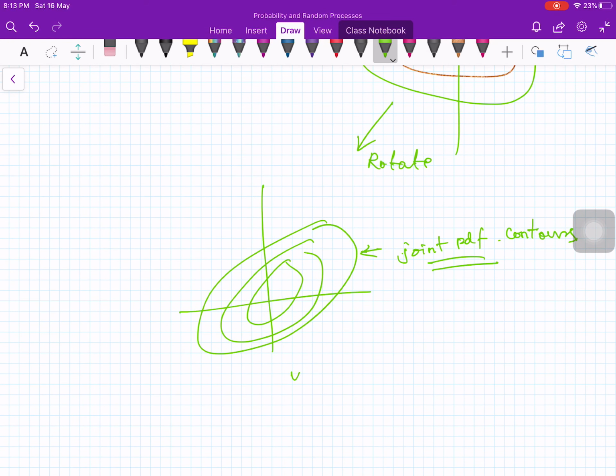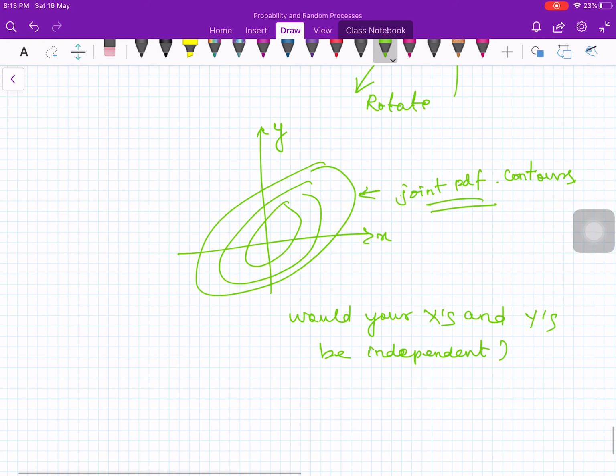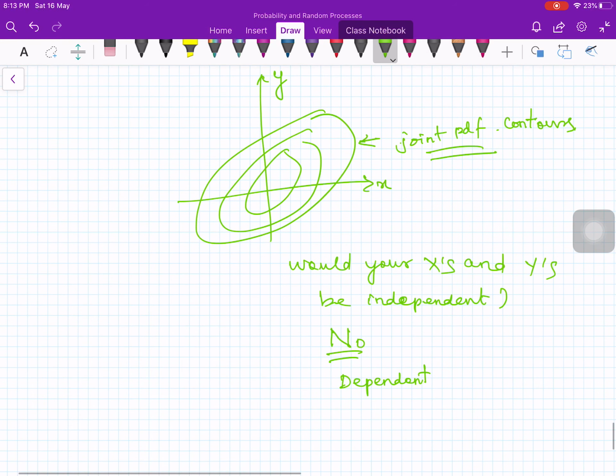Now the question is, would your x's and y's be independent? This is x and this is y. So the answer is no, they cannot be independent, they are dependent. So we are slowly moving from independent random variables to dependent random variables.